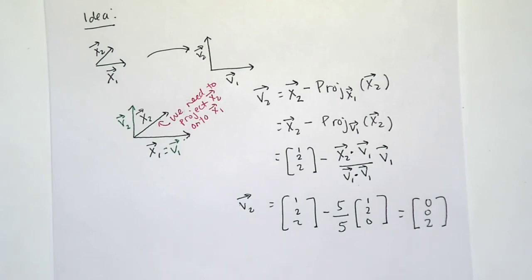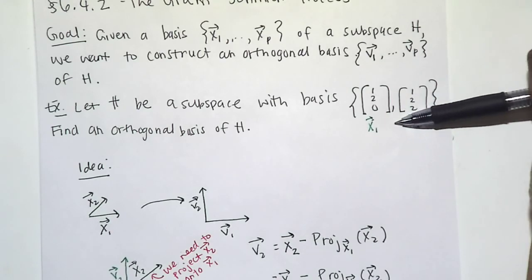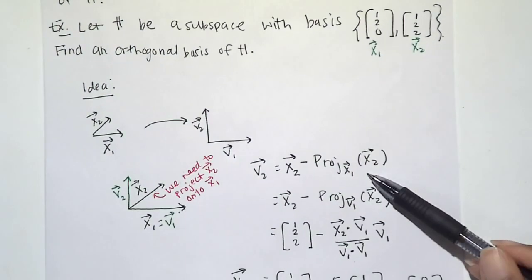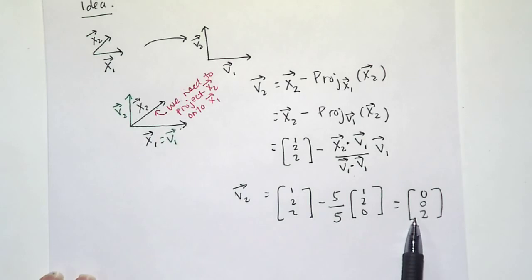All right, so what did we do? So we started with a regular basis for our subspace H. We held the first one fixed, and then to get our orthogonal one, we had to subtract a projection. And so our orthogonal one would be the 0, 0, 2.